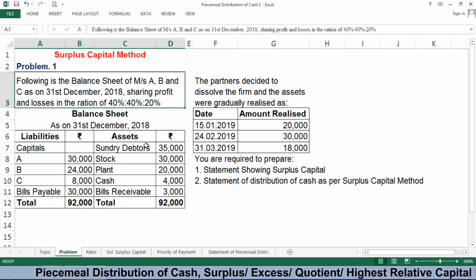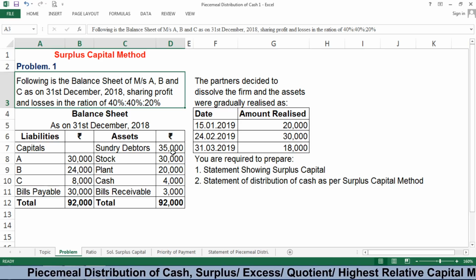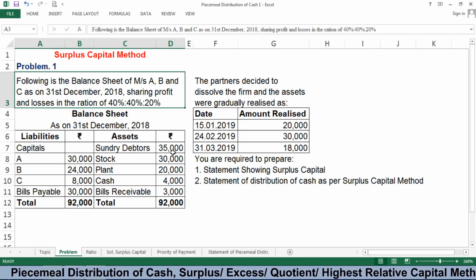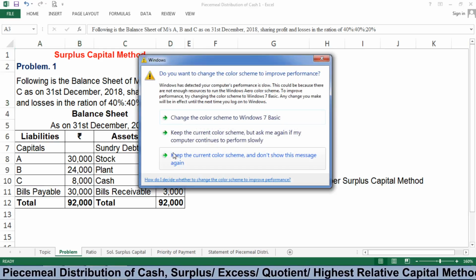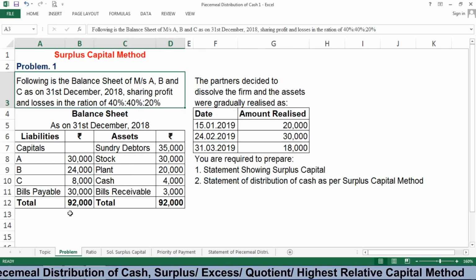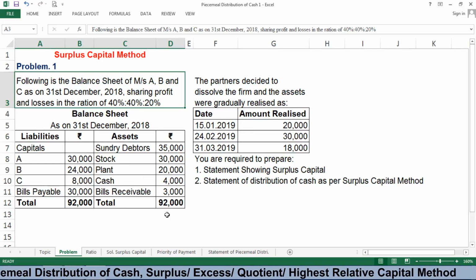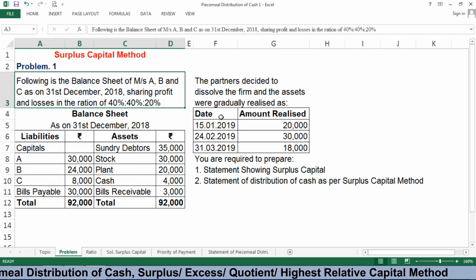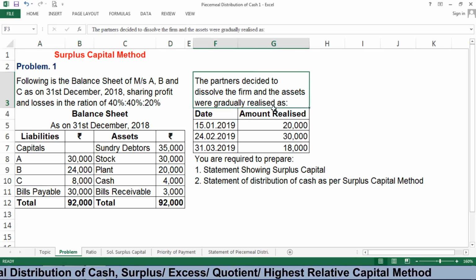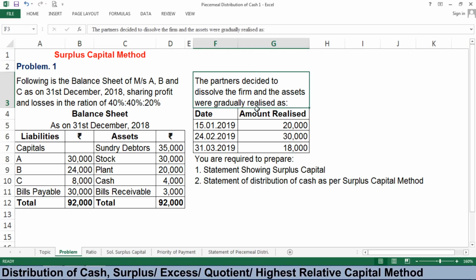On the asset side, the various assets are given as sundry debtors, stock, plant, cash, bills receivable as 35,000, 30,000, 20,000, 4,000, 3,000 respectively. So the total liability is 92,000 and total assets is 92,000. The partners decided to dissolve the firm and the assets were gradually realized.